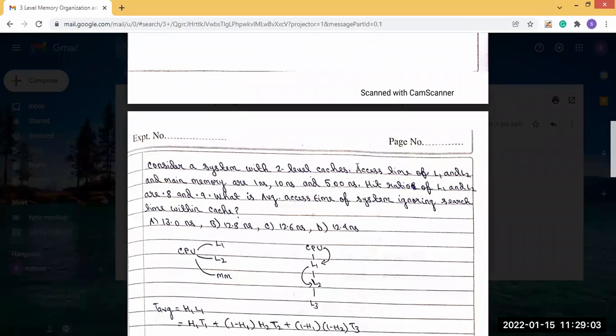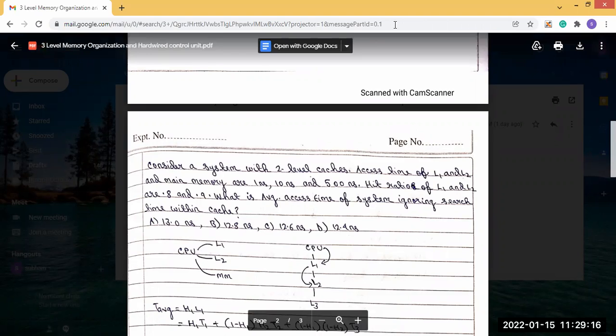Now, always read very carefully. If mathematics is given, try to read what the statement says. Here it says consider a system with two-level caches, and the access times of L1, L2 and main memory are 1 nanosecond, 10 nanosecond, 500 nanosecond. That means two caches should be present and also a main memory.